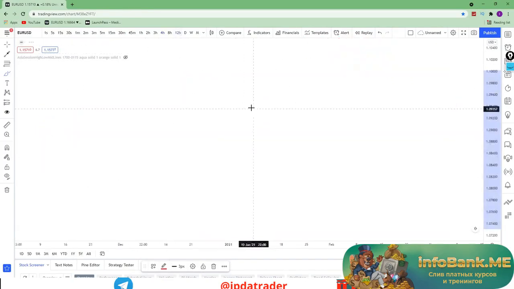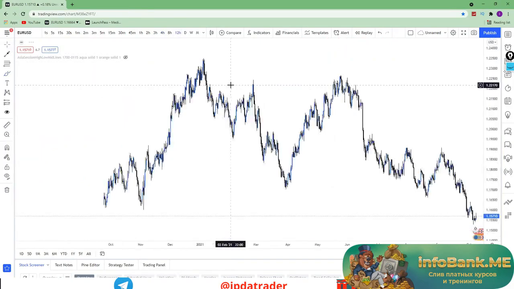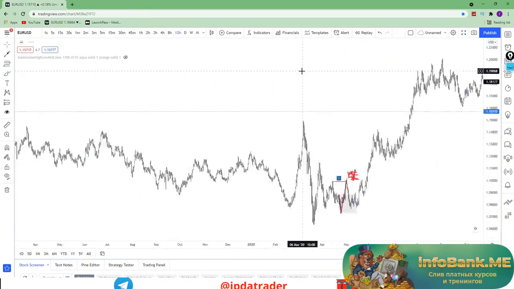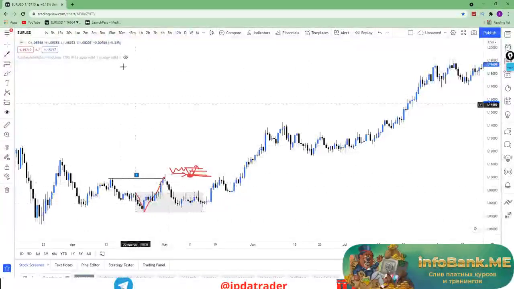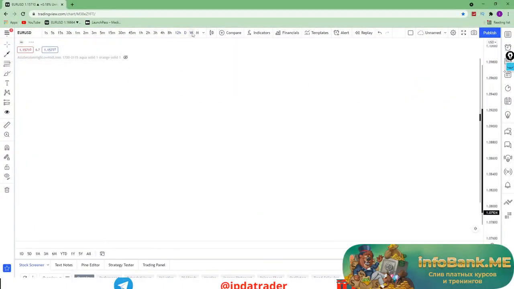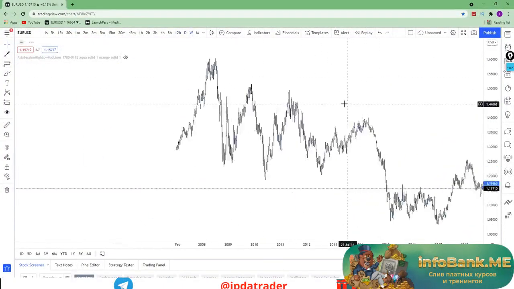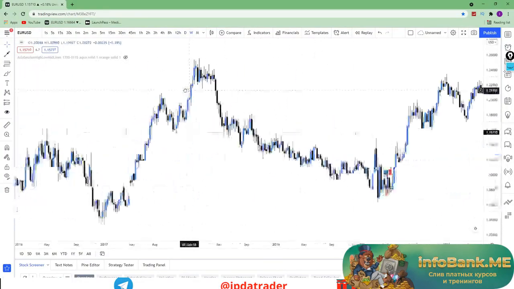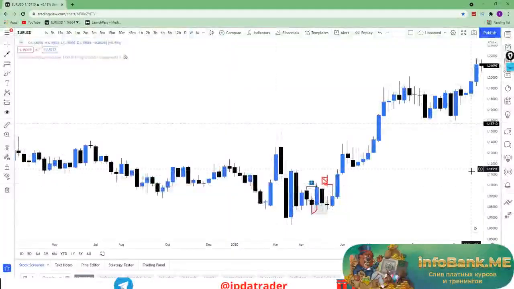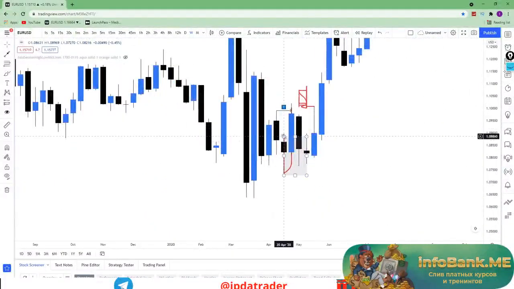And if we go to higher time frames, we'll probably see that it might be an even higher time frame order block, maybe a daily or a weekly. I'm not going to spend too much time trying to find this, but there we go. As you can see, this point of interest over here is actually a weekly point of interest.